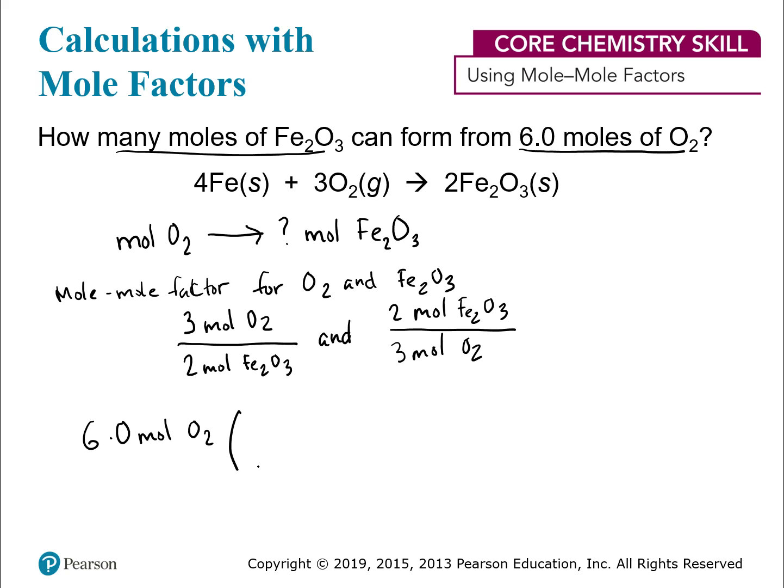We're starting with 6 moles of oxygen, and we need to choose the mole-mole factor that's going to get us from moles of oxygen to moles of iron 3 oxide. The one I circled is the one that's going to do it because the moles of oxygen are in the bottom, which will cancel out and leave us with moles of iron 3 oxide.